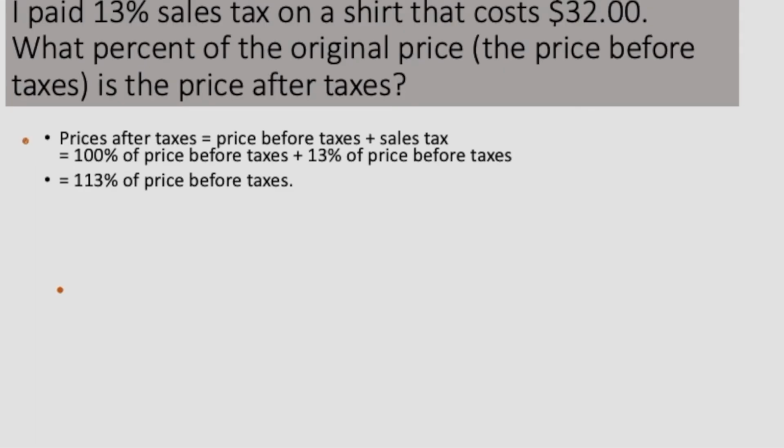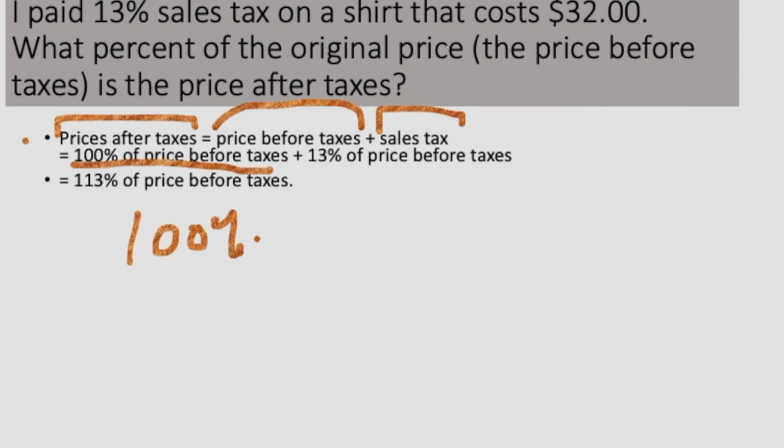Paid $13 sales tax on a t-shirt that costs $32. What percent of the original price, the price before taxes, is the price after taxes? So if I look here, the price after taxes is going to equal the price before taxes plus the sales tax. So what does that mean? 100% of the price before taxes, 100 percent, plus the 13% after taxes, which gives us that 113%.